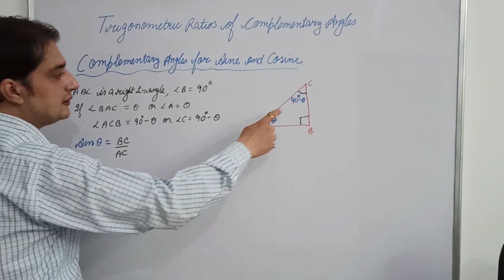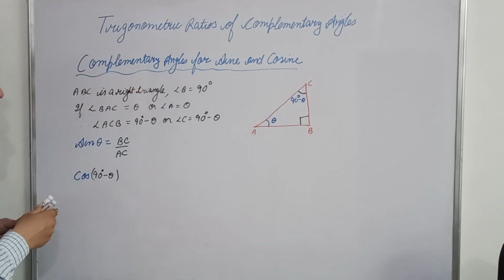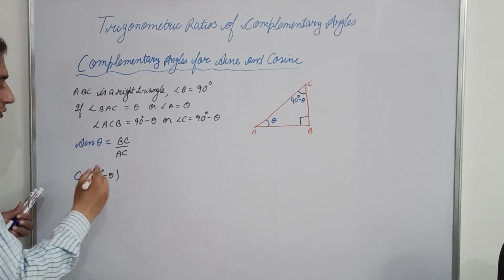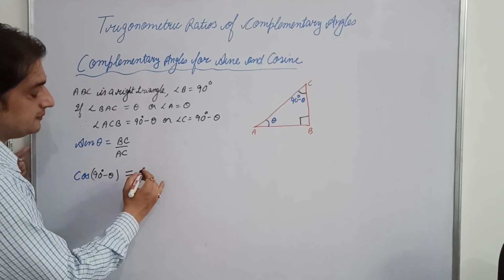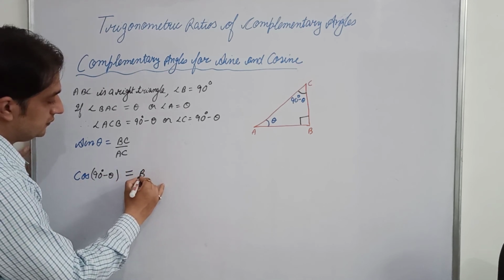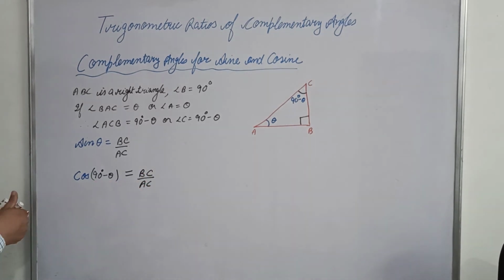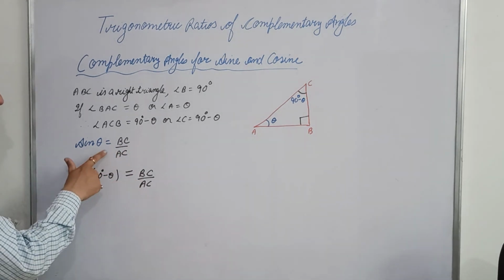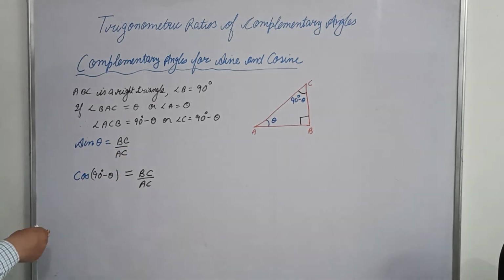So for the angle 90 minus theta, the adjacent side BC is the base, and the hypotenuse remains the same. See here the T ratios for angle theta and its complementary angle are the same.